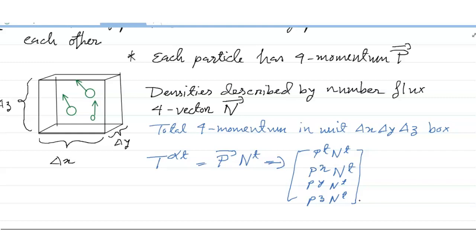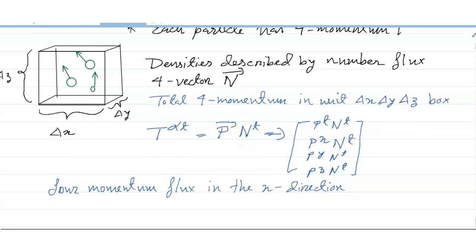If we want to know what the four-momentum flux in the x direction is, this is the four-momentum contained in each unit time-yz cube at a constant x. We get this by multiplying four-momentum p by the x flux, which is the x component.